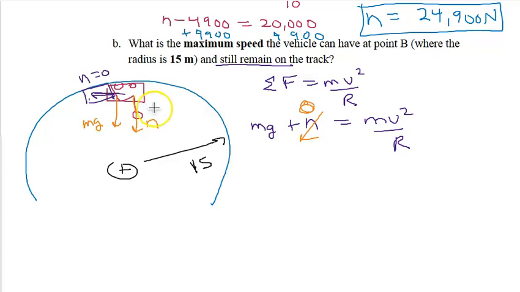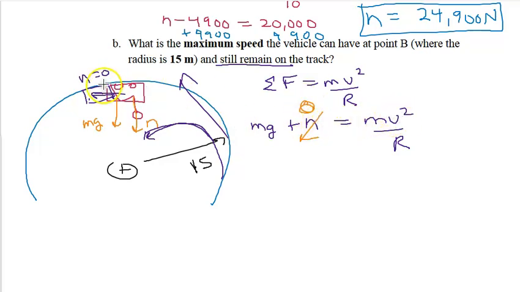So that is the slowest I can go. If I go slower than that, then the weight is more than you need, and the weight's going to be enough to pull you in. You're not flying off tangent fast enough, and the weight will pull you away from the track.